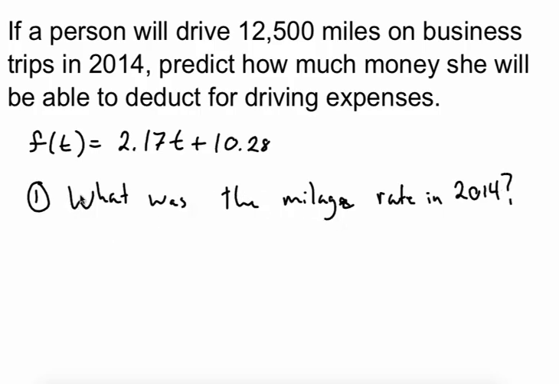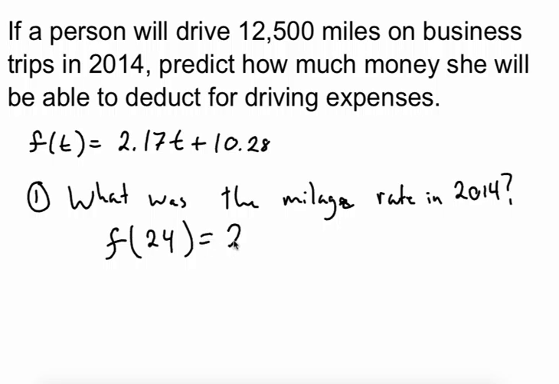That is what my equation answers. I give it a time, years since 1990, and it gives me the mileage rate. So all I need to do is plug in the number of years that 2014 is from 1990. So that's 24 years difference. So 2014 is 24 years since 1990.